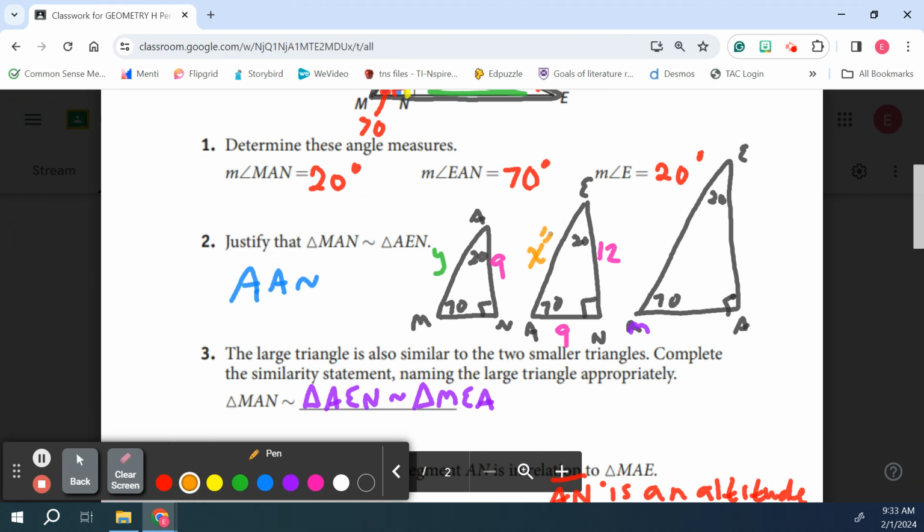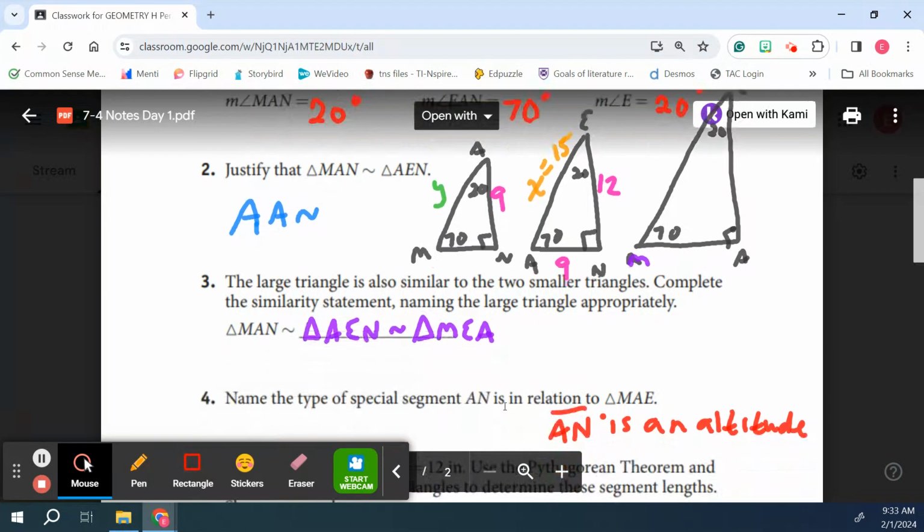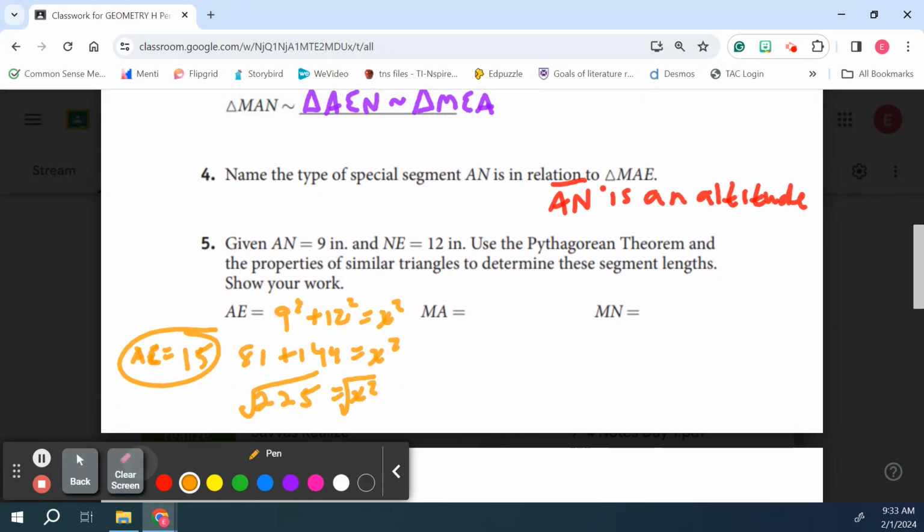This is 15, which will help me. And I also have 9, that this is 9, this is 12, that's 12. So I have enough information to set up a proportional relationship. Okay, so that's going to look like Y over 15 equals 9 over 12. Does everybody see that? So again, these are similar triangles. We said they were, so we're going to apply that proportional relationship. So this is going to be Y over 15 equals 9 over 12.